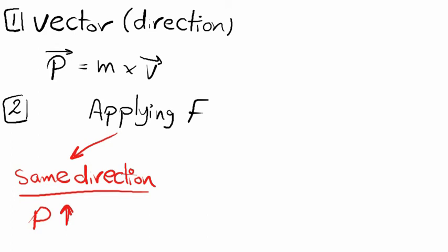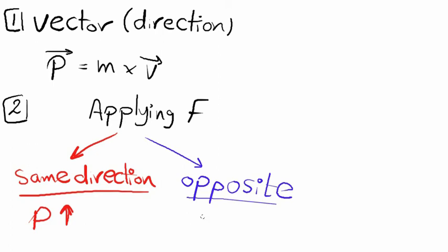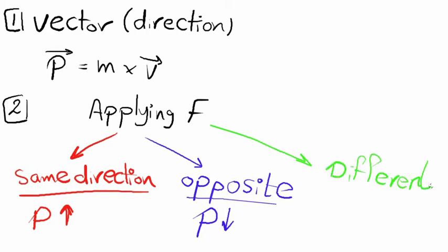The second case: if the force is applied in the opposite direction, in this case, the momentum will decrease. And finally, if the force is applied in a different direction, in this case, the direction of the momentum will change.